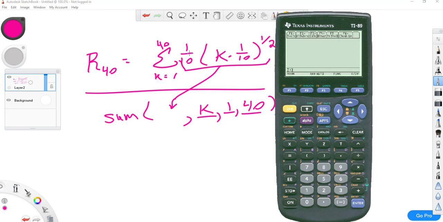Now we're going to type in this expression here. So we have 1/10 times, again, you can use K, I like to use X just because the button's right there, times the square root of X times 1/10.